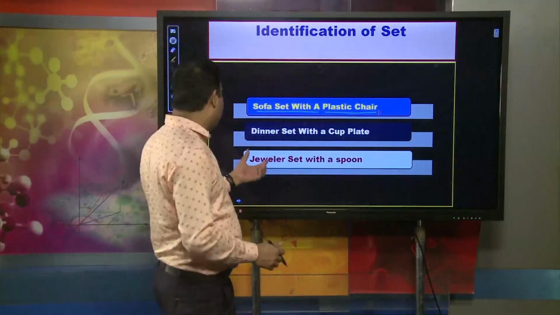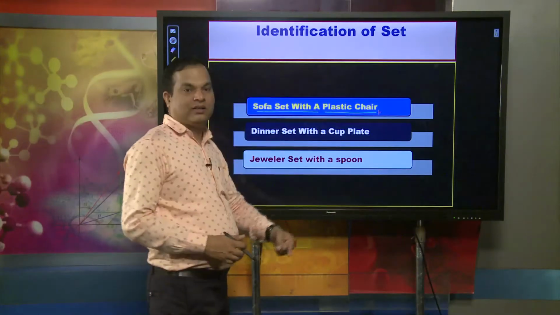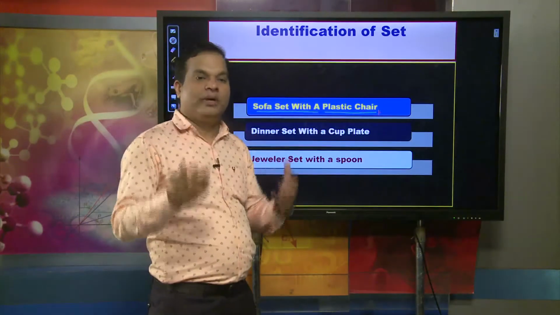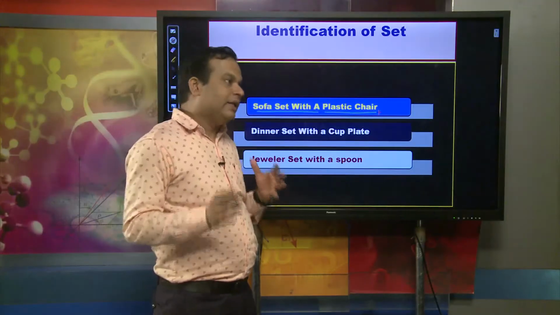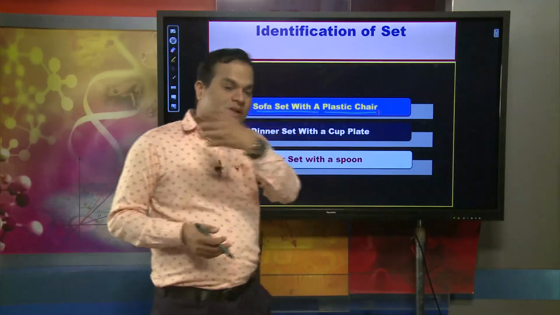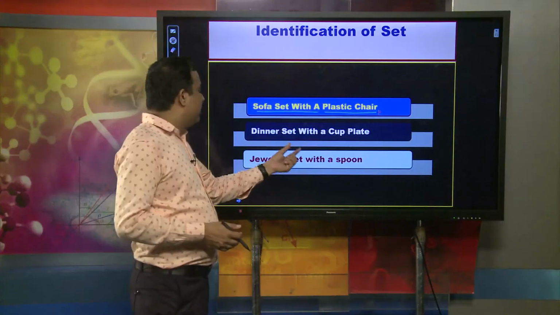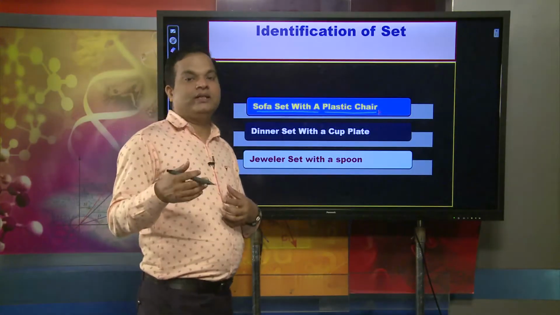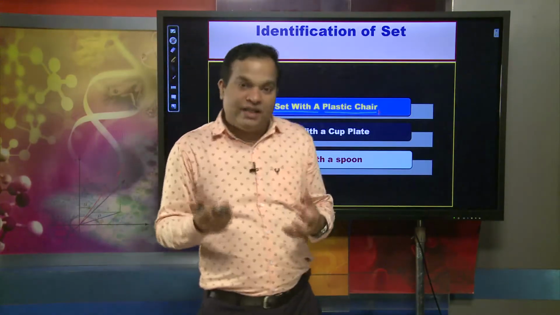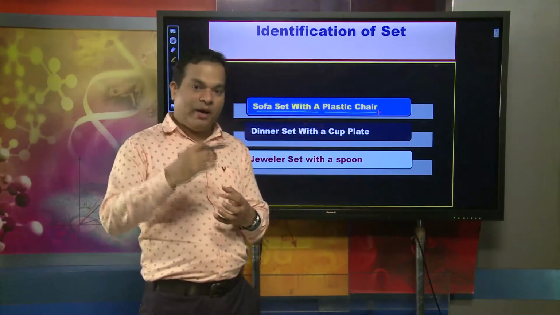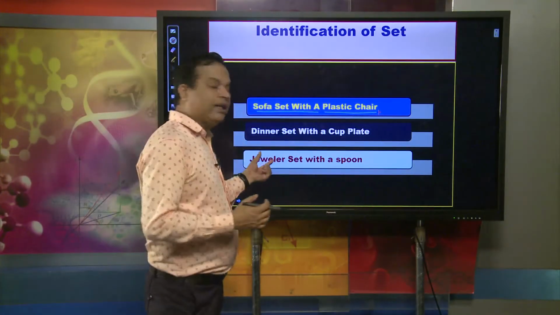Similarly, if we talk about a dinner set with a cup and plate, then it also should not form a dinner set. Similarly, when we are talking about a jewelry set, suppose a jewelry set with a spoon. A spoon is a utensil, so we cannot combine a spoon under the jewelry items.